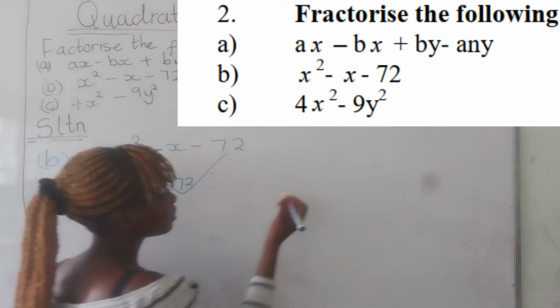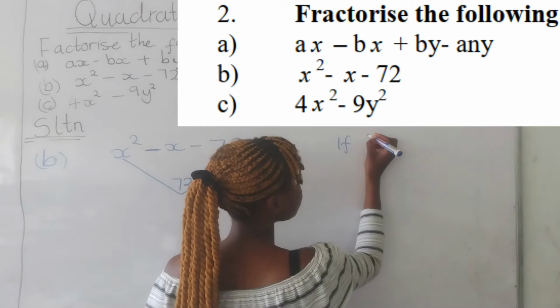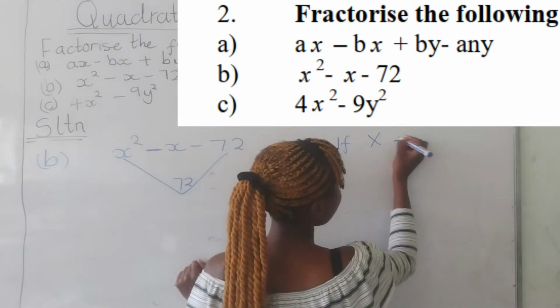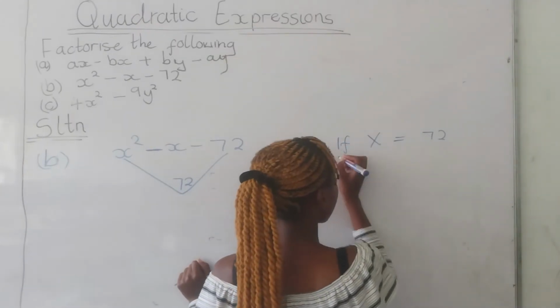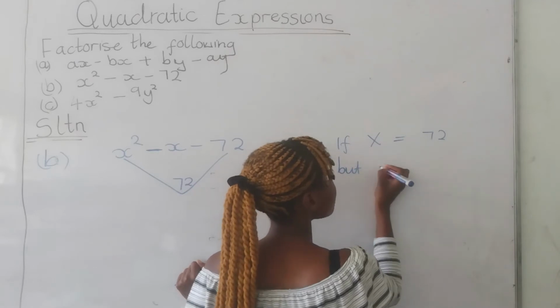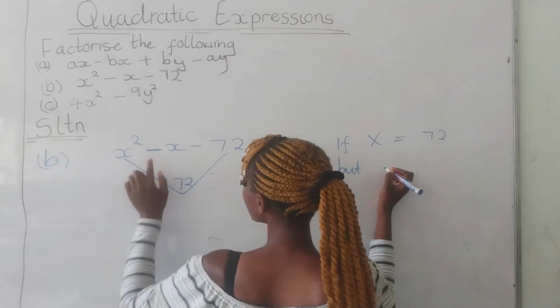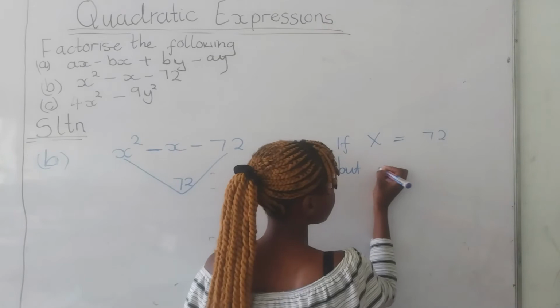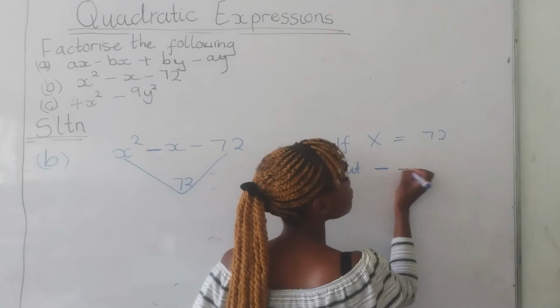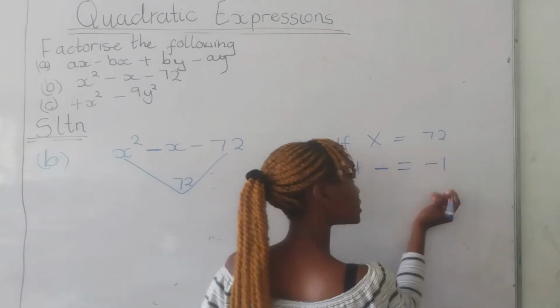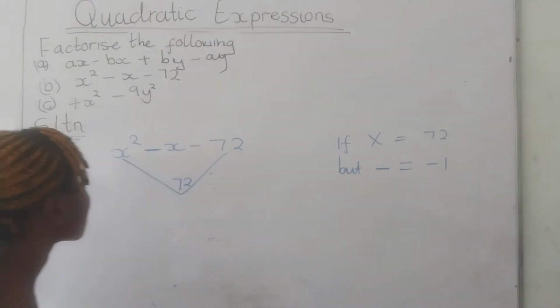So if we multiply, we have to get 72. But if we subtract, they have to give us a minus 1. I just hope you understand this.